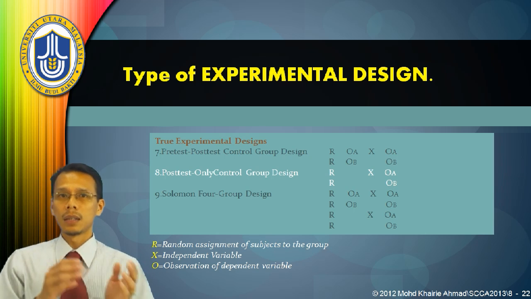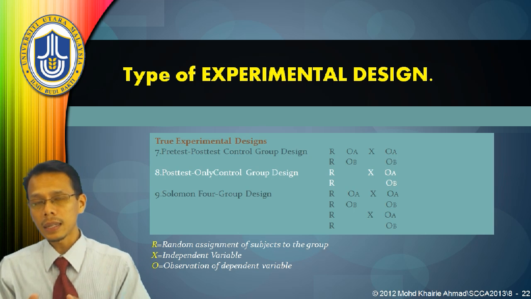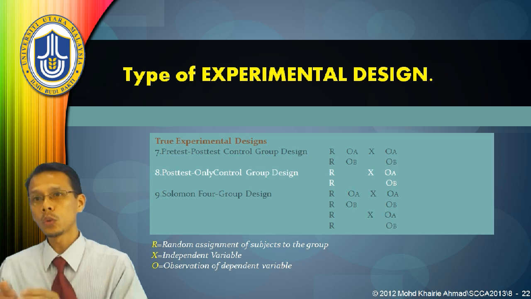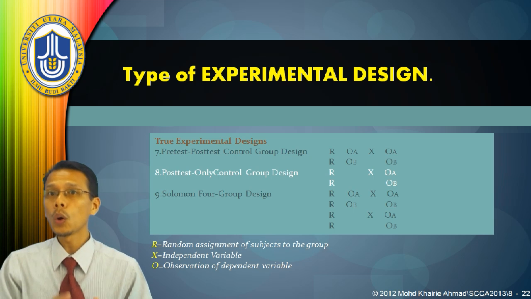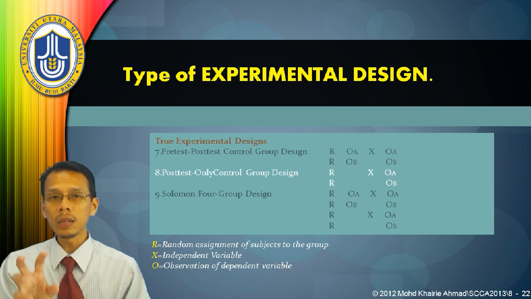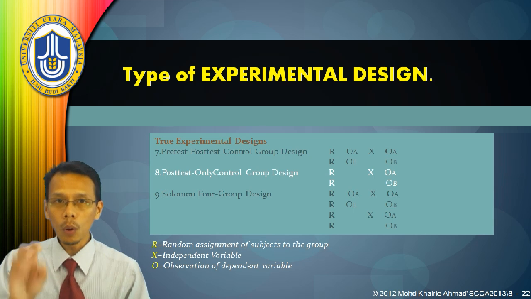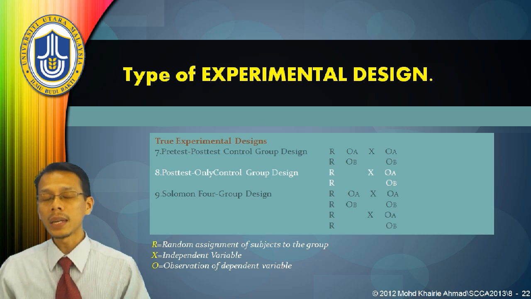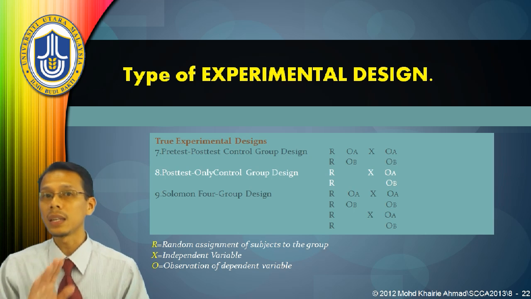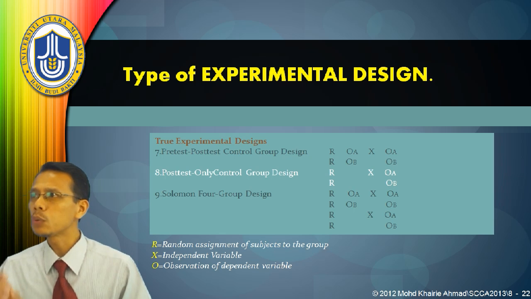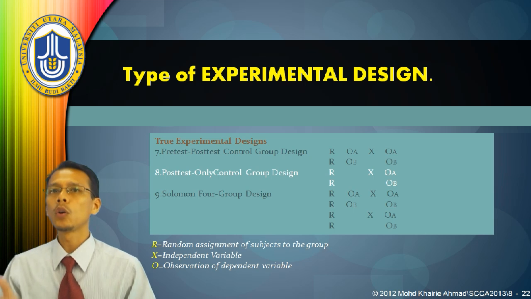The next, the 8th type of experimental design, is the post-test only control group design. In this design, we identify a random group, and then we impose the independent variable. At the same time, we compare it to another group on which we didn't impose any independent variable. And the 9th one is what we call the Solomon 4 groups design.